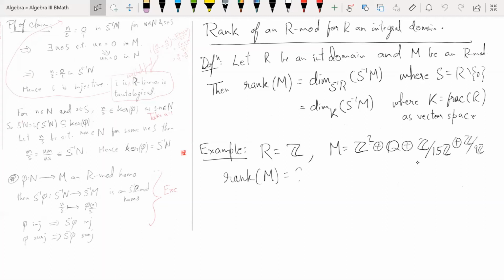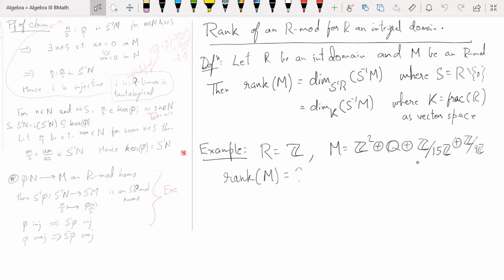But this is slightly easier to visualize. So what is the rank of an R module for R an integral domain? I will only work with the rank of a module over an integral domain, and not general. There is another definition which is slightly more general, and for an integral domain they happen to be the same.